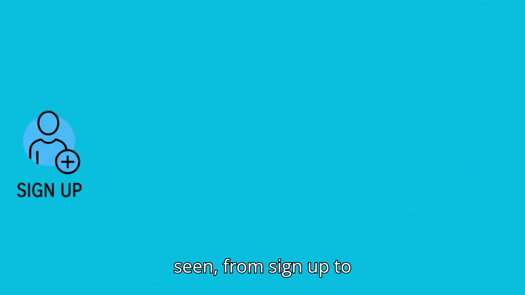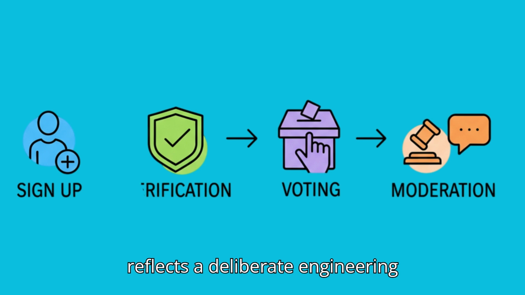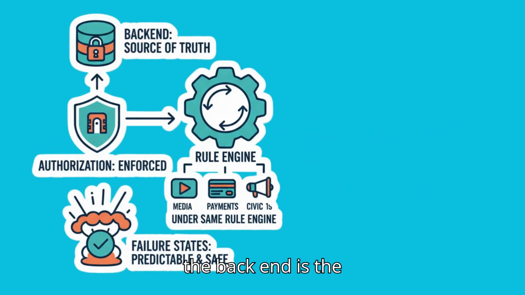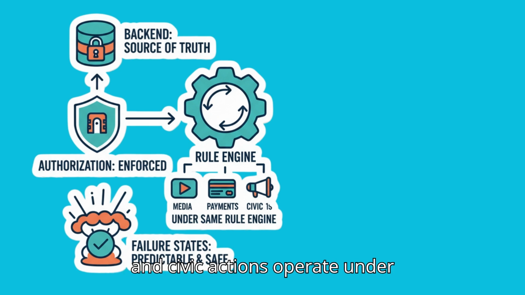Every workflow you've seen, from sign-up to verification to voting to moderation, reflects a deliberate engineering mindset. We design systems where the backend is the source of truth, authorization is enforced, not implied. Media, payments, and civic actions operate under the same rule engine. Failure states are predictable and safe.